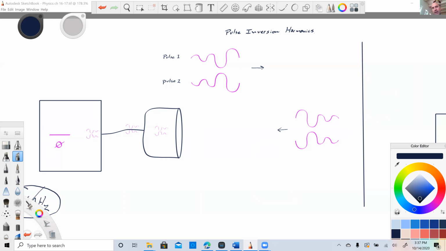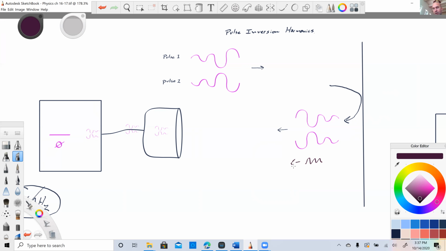But in any case, these two pulses come down. They hit a surface and they come back. They also create a higher frequency harmonic. That's going back as well.